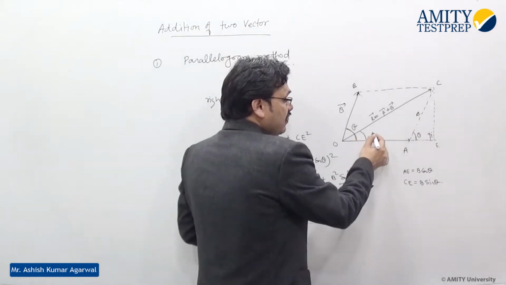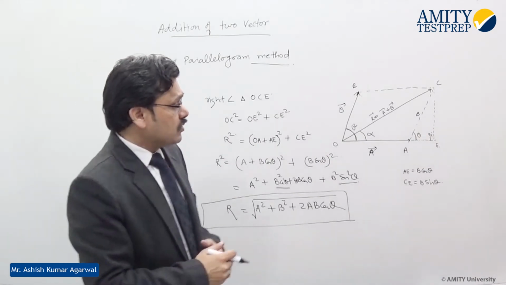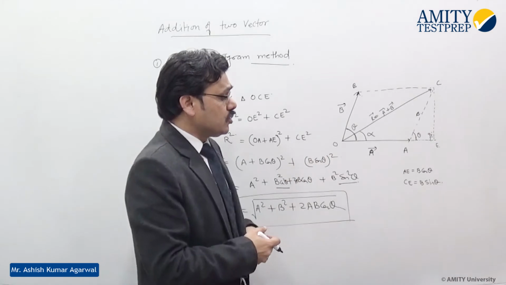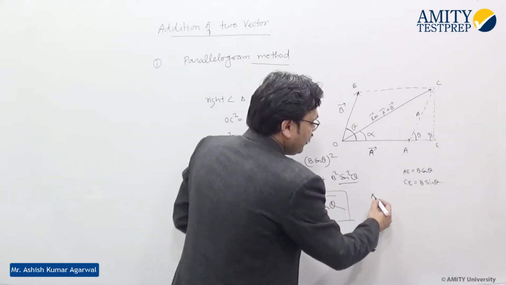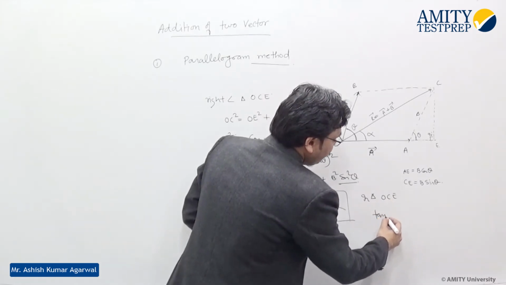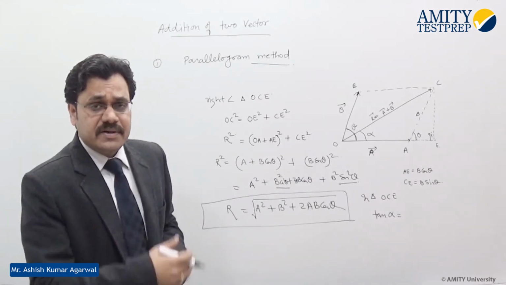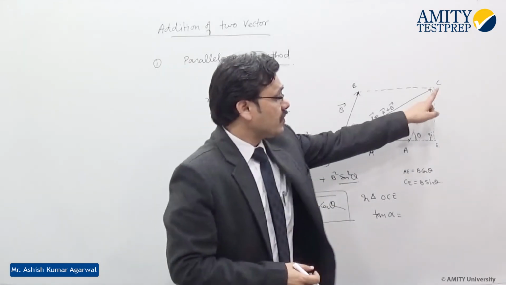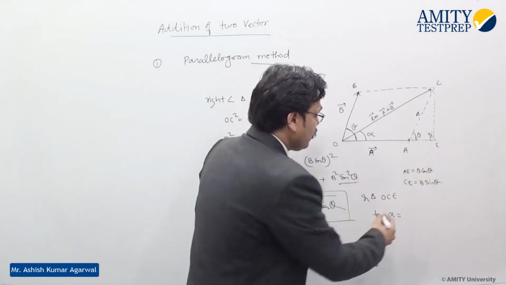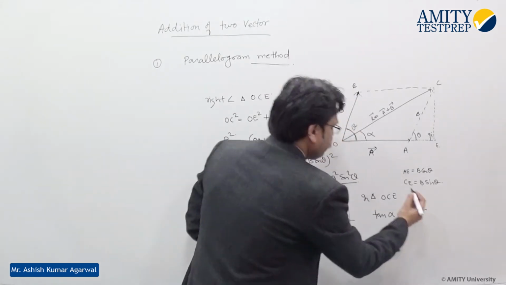Suppose the angle of the resultant with the A vector is alpha. To find the angle alpha, I can use the triangle OCE. If in triangle OCE I apply tan alpha, again using trigonometry, it is perpendicular upon base, perpendicular CE and base OE. So I have to write CE divided by OE.